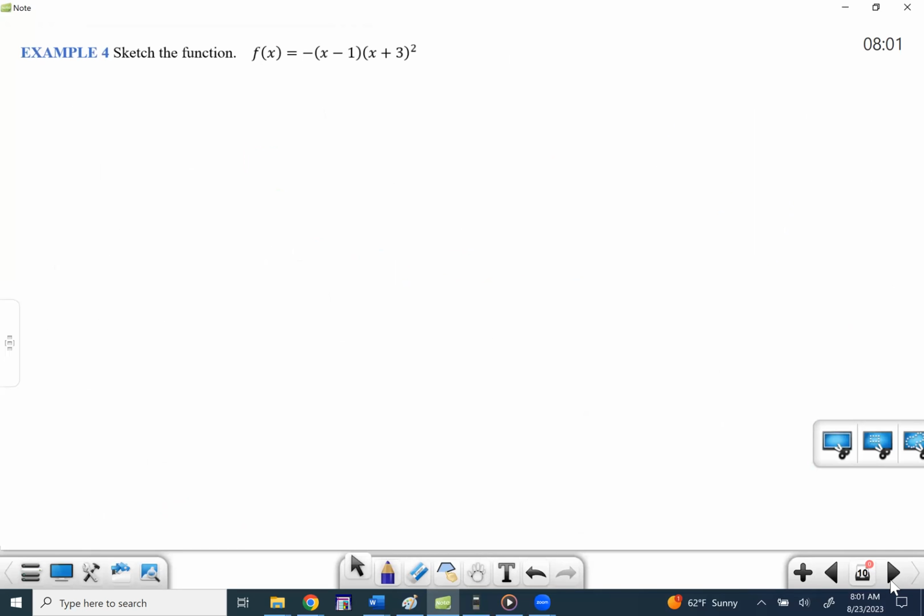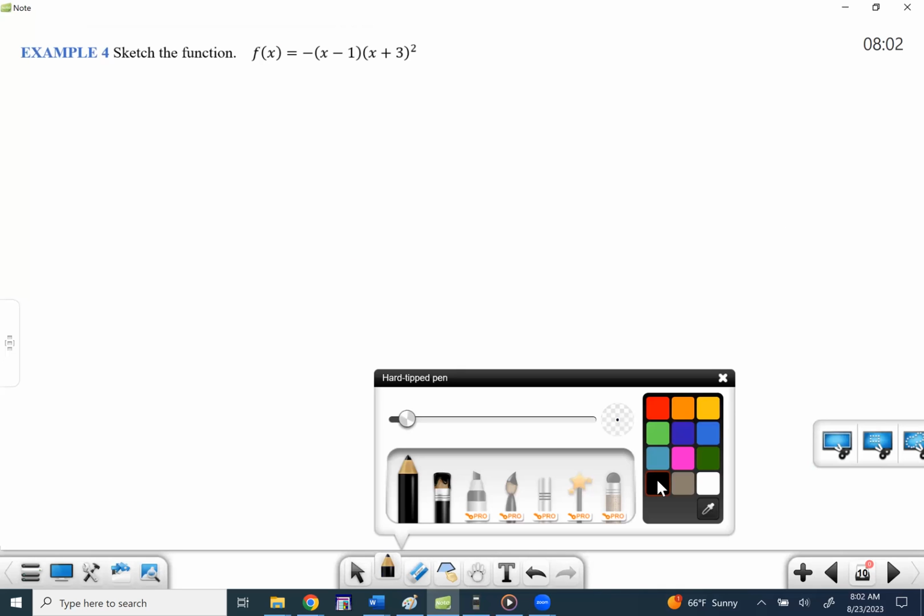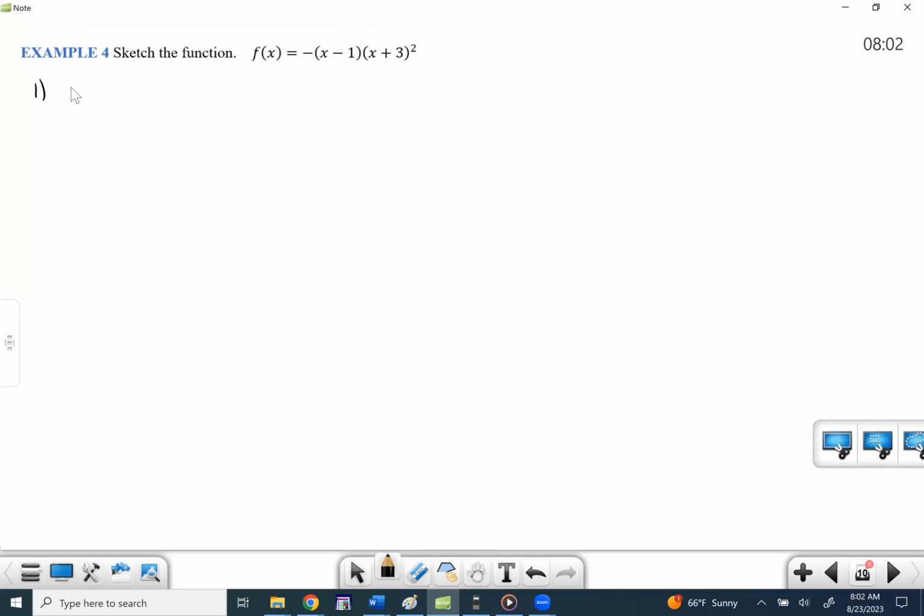All right, let's try another. Let's go through those steps again so we just get used to them, kind of memorize them. The first thing we want to do is find the leading term. If we multiplied this out, we would have a negative x times x times x, a negative x cubed, and so on. So our leading term would be negative x cubed, which makes our leading coefficient -1.